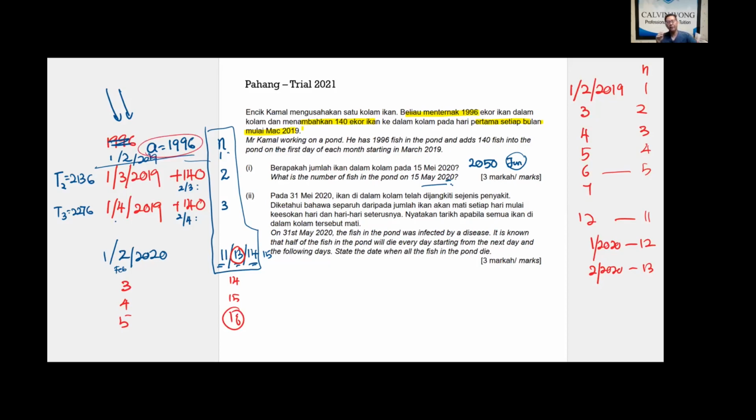You have A, you have N. On the 1st of May 2020, you have T16. But the question asks you for the 15th of May. On the 1st of June only I add in. So on the 15th, I still have the same number of fish.